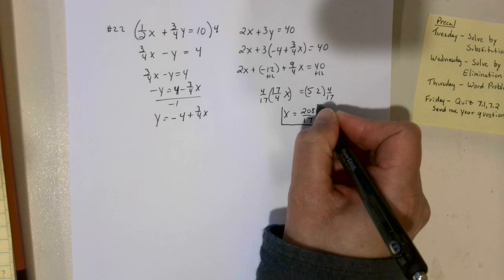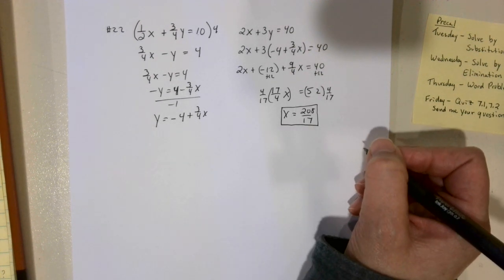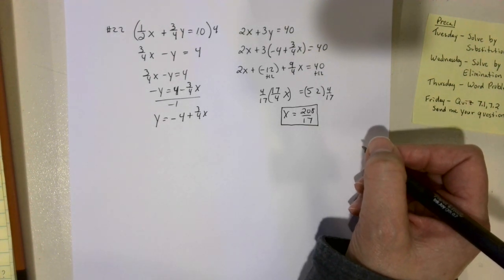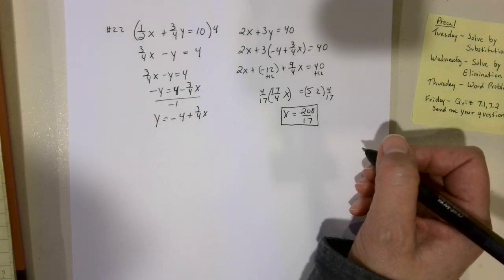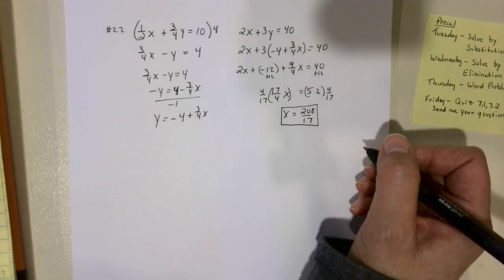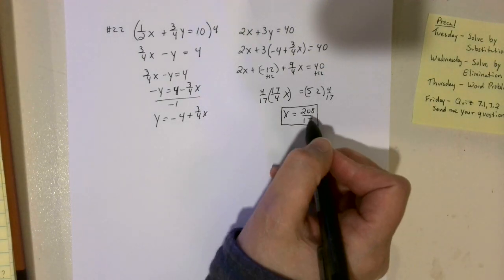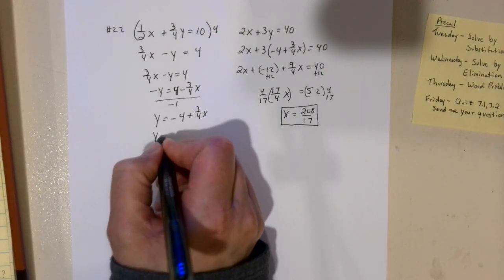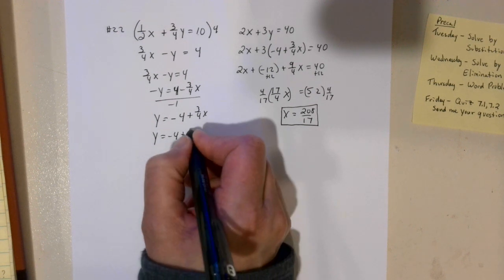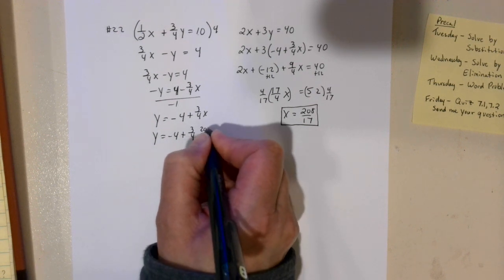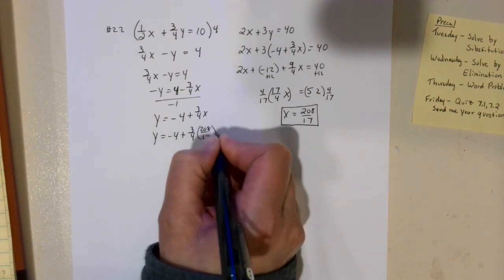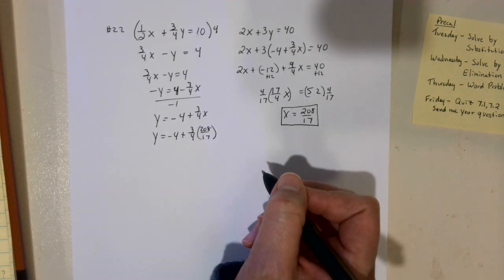Now in Algebra 1 and Algebra 2, you would never have an answer like that, but in Precal, they don't really care about your self-confidence, and they are going to give you some answers that make you wonder if you are doing it correct. And we are. And we're going to take this 208 over 17 and substitute it into the other equation.